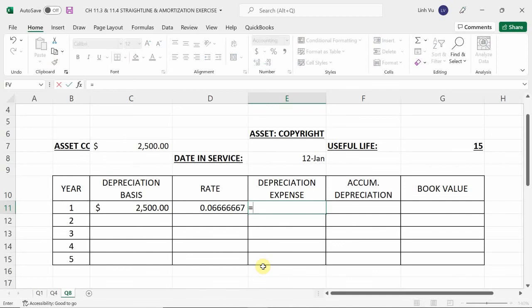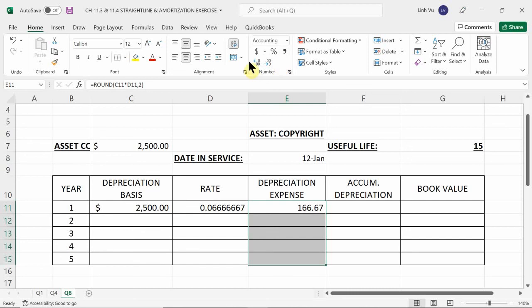It equals basis times rate. So where is the basis? The basis is 2500.00, what we said, times the rate, which is 0.06666667. We got 166.67. Okay.